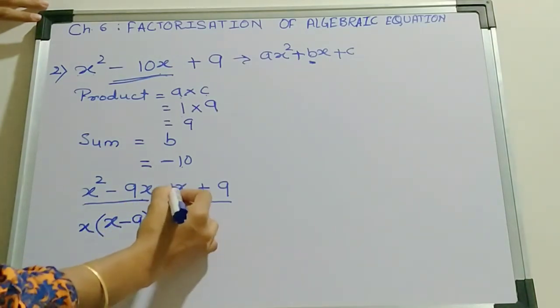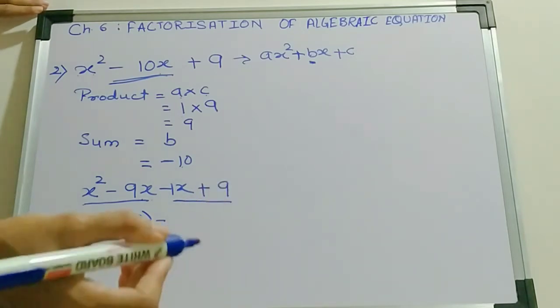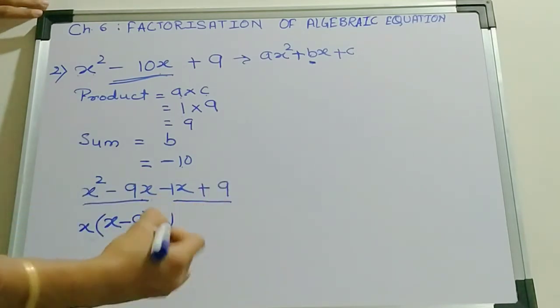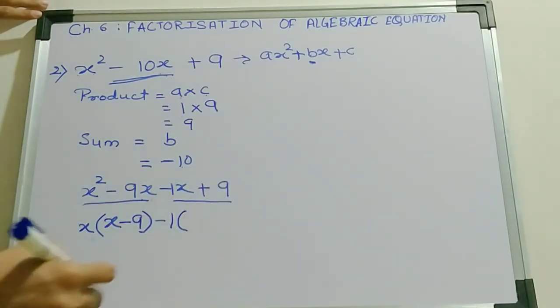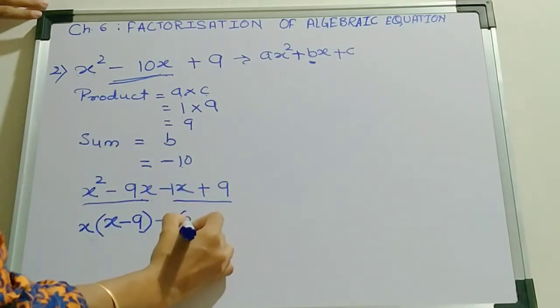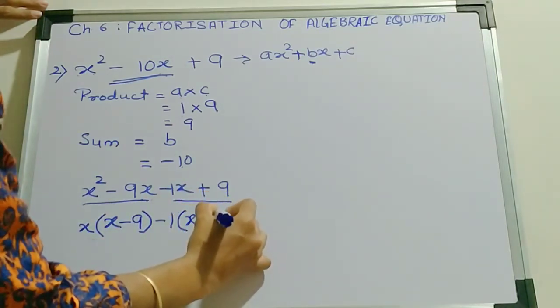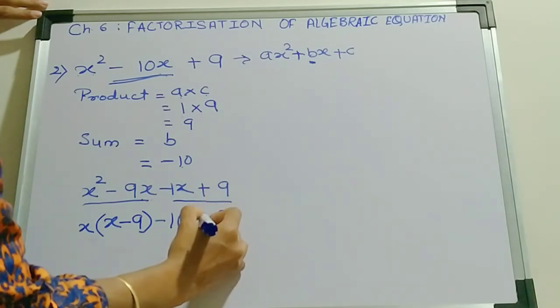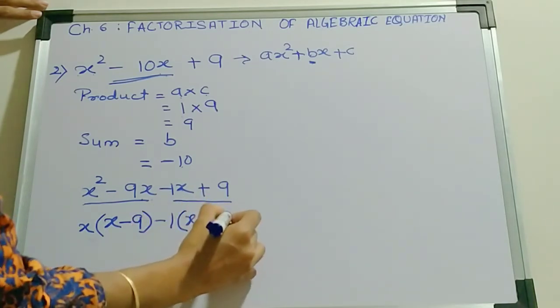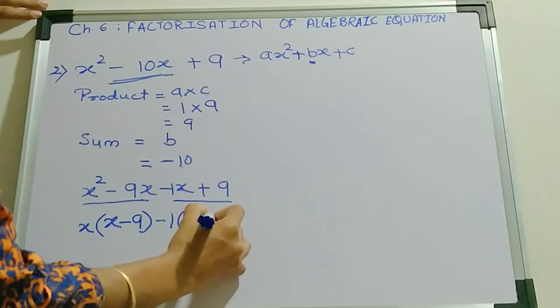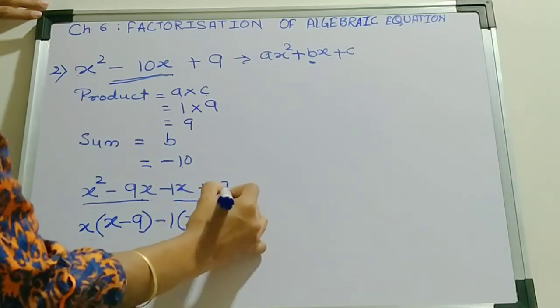Okay, now next, minus sign. Next, what is common between x plus 9? Nothing is common, so I can just write down 1. Okay, so within the bracket, what will be the common factor? Here x, now I have 9, but what will be the middle sign? It will be negative, because if I open this bracket, minus minus will give plus 9.